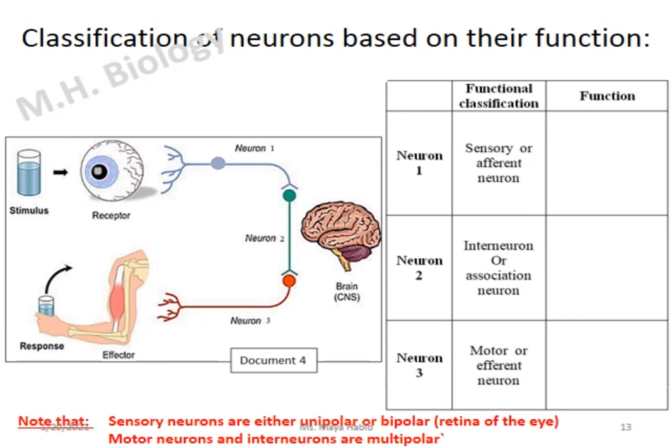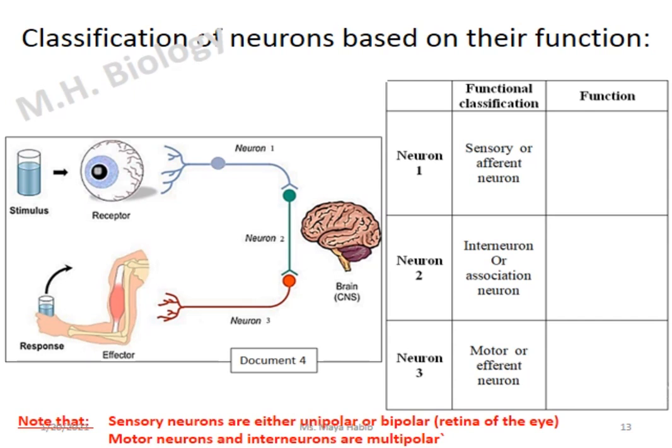To correct your answers, you can see that the sensory neuron transmits sensory nerve messages from the receptor organs to the central nervous system. The interneuron is the association neuron, which relays the sensory neuron to the motor neuron and allows integration of nerve messages.